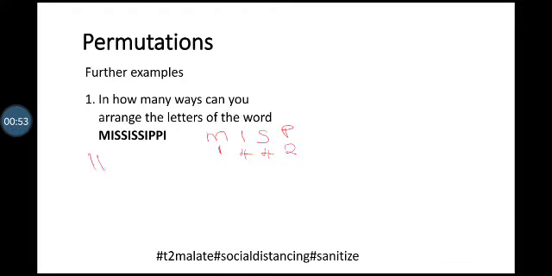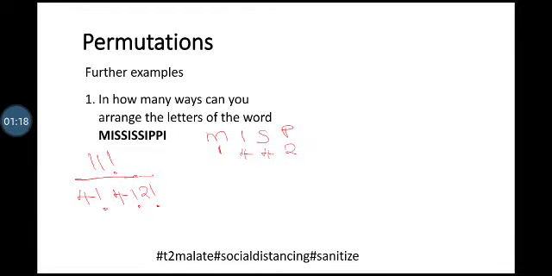So we have 11 factorial over the letters that are repeating. So the letters that are repeating, we have I is repeating 4 times, so over 4 factorial. S also 4 times over 4 factorial, and P 2 times over 2 factorial.